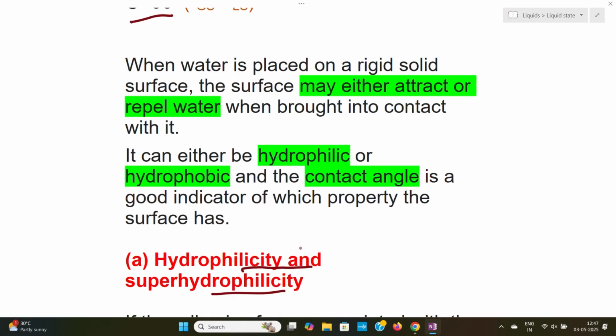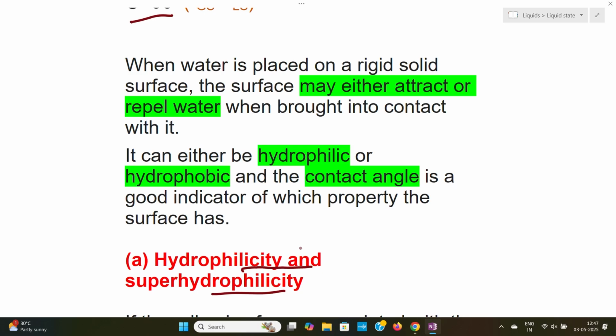When water is placed on a solid surface, the water can have an attraction towards the solid surface or a repulsion towards it. If the liquid molecules are attracted towards the solid surface, we can say that the surface is hydrophilic.